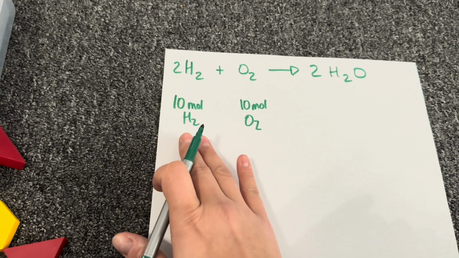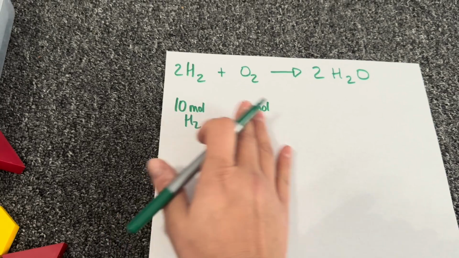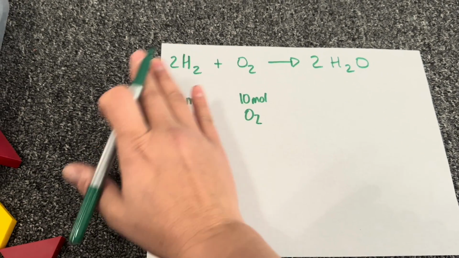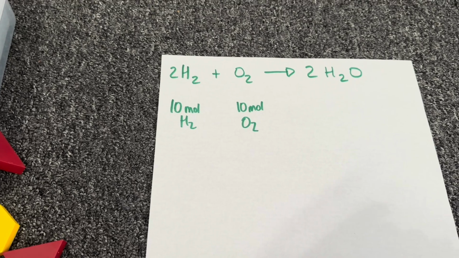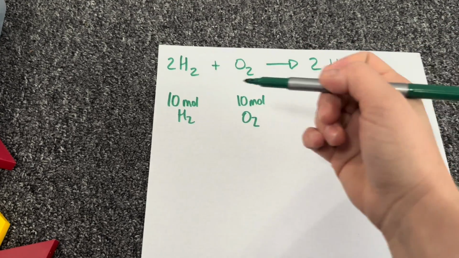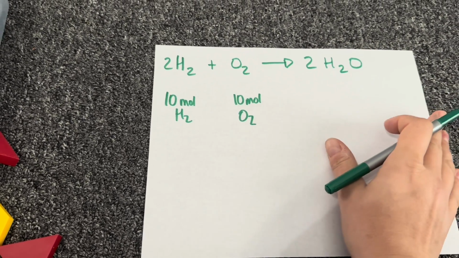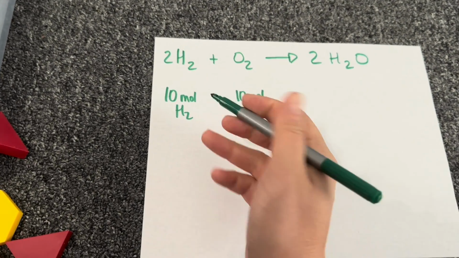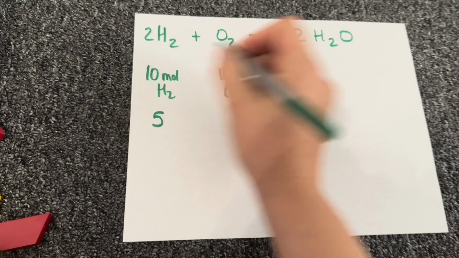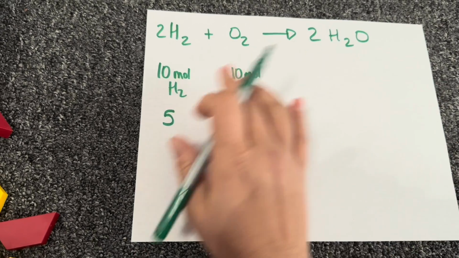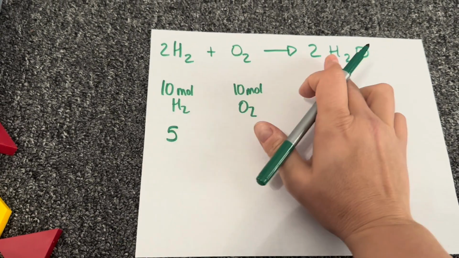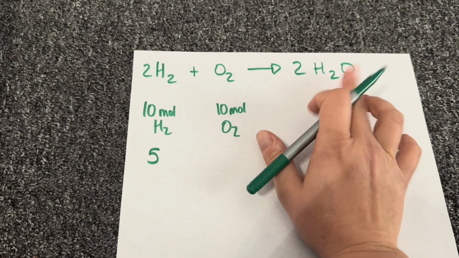The number of moles of my hydrogen goes down by 2 each time because the reaction takes 2. There's an easy way to figure out, if you have equal amounts, how many times our reaction is going to go, and all you have to do is divide. If I divide 10 moles by 2 moles, that tells me that this reaction can go 5 times. So I will create 5 times 2 moles of water.